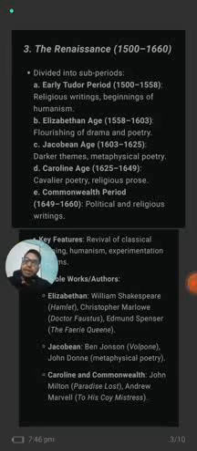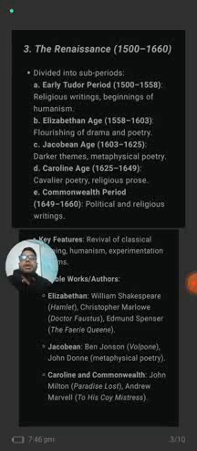The Renaissance had an effect on different periods: the early Tudor period, the Elizabethan age, the Jacobean age. It also covers the Caroline age and the Commonwealth period. All these different ages are covered, dominated by the Renaissance, which was prevailing in different periods.